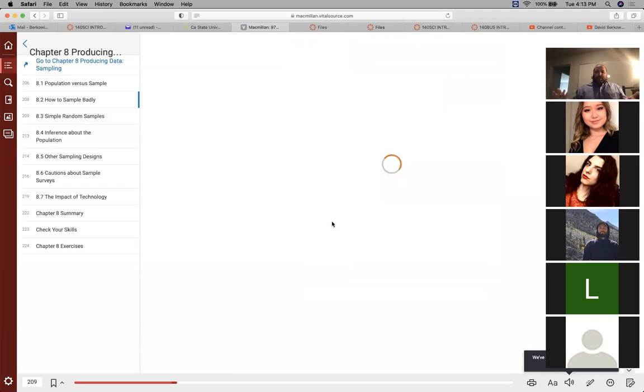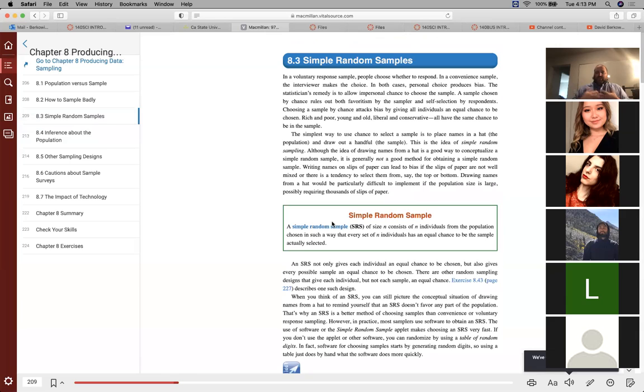The best is a simple random sample. We talked about this. Of course, this is a review. A simple random sample is a sample from the population chosen in such a way that any sample of a given size is as equally likely to be chosen as any other sample of that size. So if I'm picking 5 people from 100 and I pick one from here, one from there, and so on, that is not a simple random sample because there's no way that 5 people in the same area would be chosen.